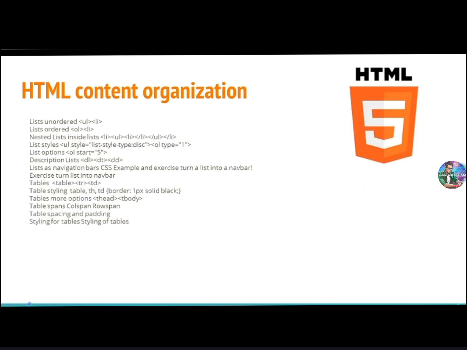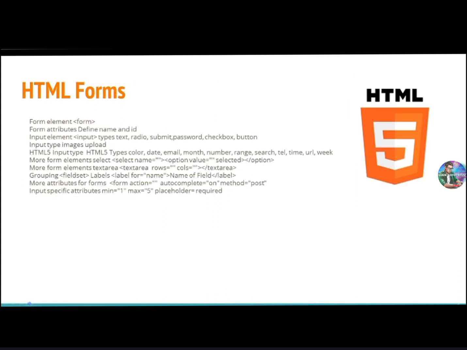So these are crucial to building any website, and understanding how to use them is super important. Also how to organize your content, so how your HTML content can get organized: ordered and unordered lists, how you can nest those lists, how you can make description lists, tables, how they work, table spacing, how you apply styling to tables, and then also importantly, forms.